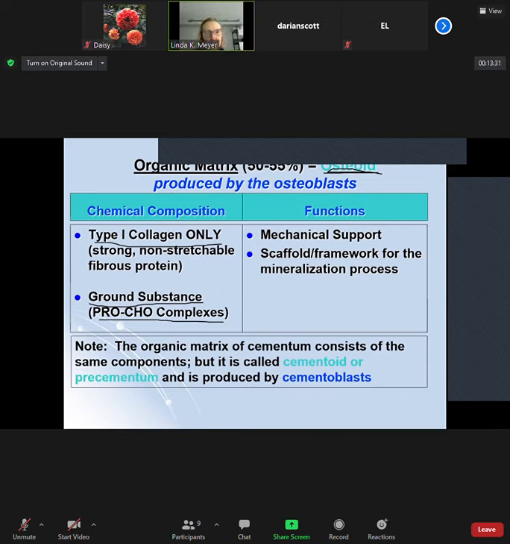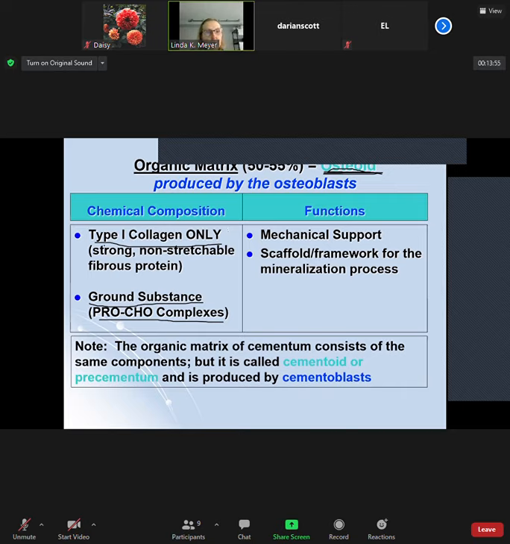So I'm just going through this one thing at a time, that this is the organic matrix. There's a blank there that says number 1, what is the name of it? And the name of the organic matrix in bone is called osteoid. So in that blank, you would write osteoid. And then, what is it made up of?